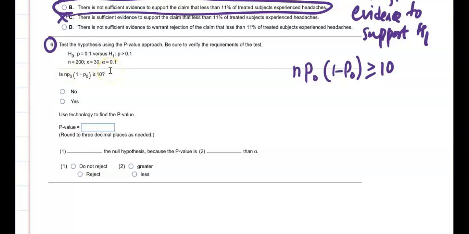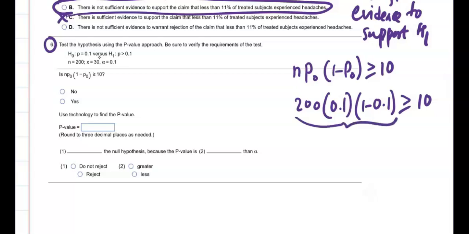So we substitute the values to see if this is true. The n value is 200. The p0 is the same as p, as I mentioned before, 0.1. So n p0 (1 minus p0) greater than or equal to 10. Let's simplify this. You get 18 is greater than or equal to 10. This is true. So is that true? Yes, it is.